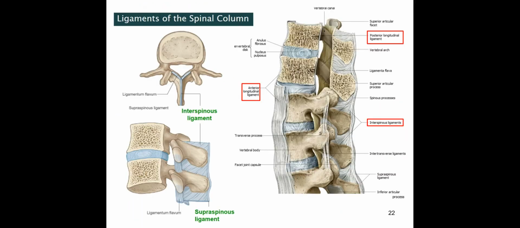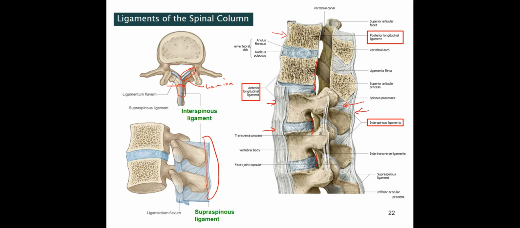Here we have a couple more looks at these ligaments. Here we have a nicer picture of the ligamentum flavum between the lamina of adjacent vertebra. Here we see the interspinous ligaments, supraspinous ligaments, the anterior longitudinal ligaments, the posterior longitudinal ligaments, extending all the way down here, and of course another picture of the supraspinous and interspinous ligaments.